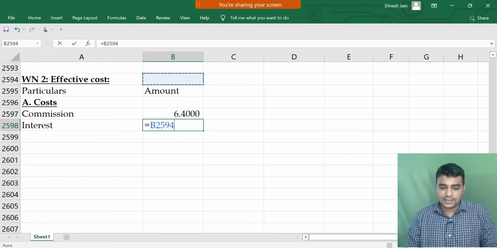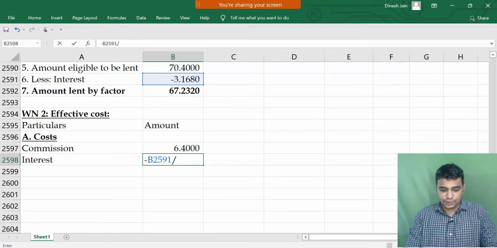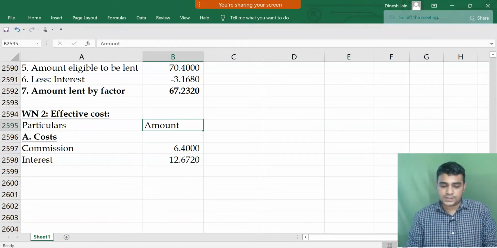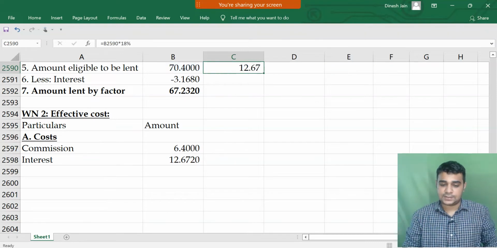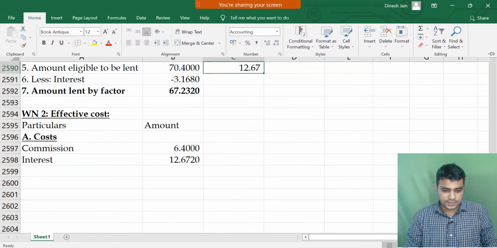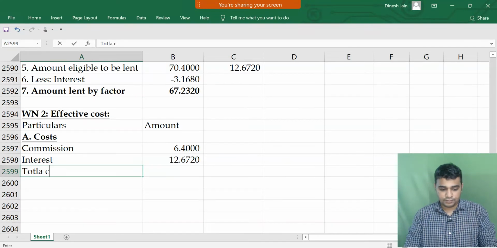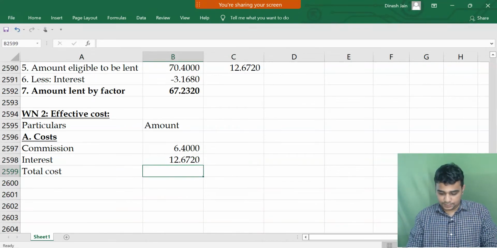The interest calculated here was for 90 days, so into 360 by 90. In other words it is the eligible amount into 18%, which is 12,672, for one year's calculation.